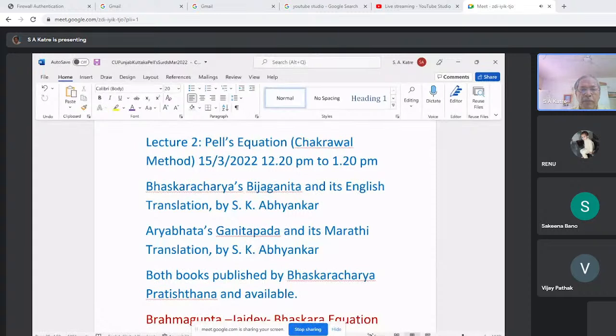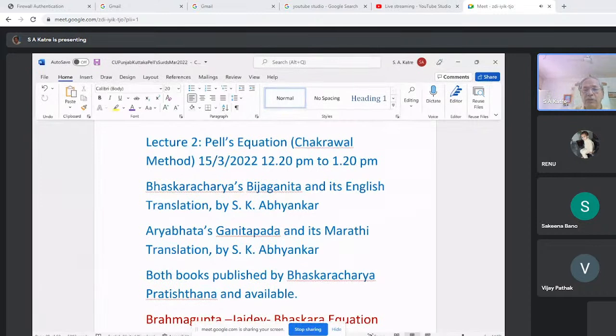So in my previous lecture, I discussed the Kuttaka method, which is a very important method, and I have told how that is still useful. For example, it can be used in the RSA cryptography calculations, because there is an algorithm given to solve a linear Diophantine equation in two variables, and solving it is equivalent to solving the Chinese remainder theorem in some sense.